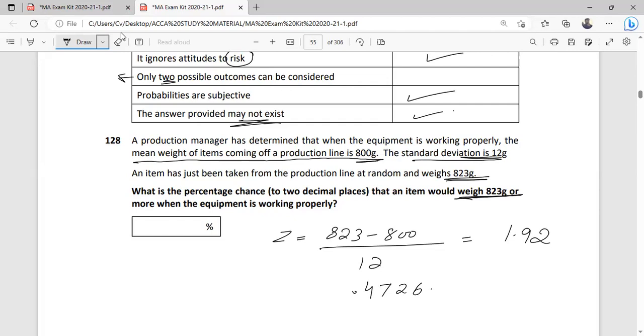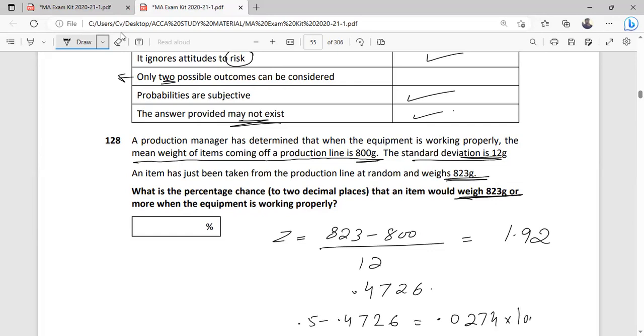Now he says that our mean weight is what? Mean weight is 800. And how many will go beyond it? So we will deduct this value from 0.5 and the answer is 0.0274.